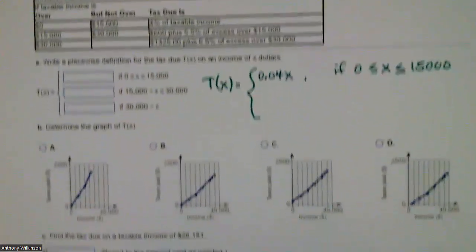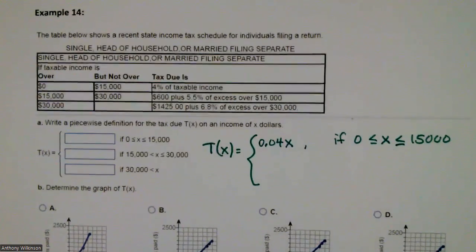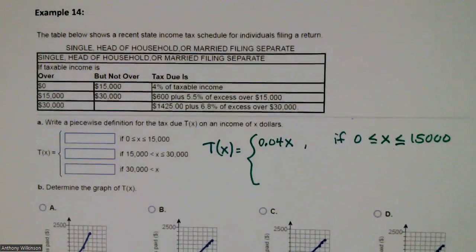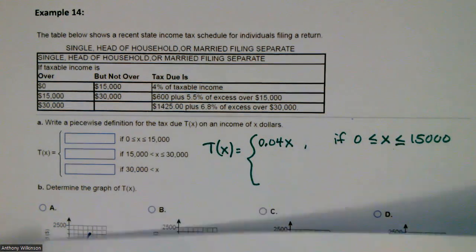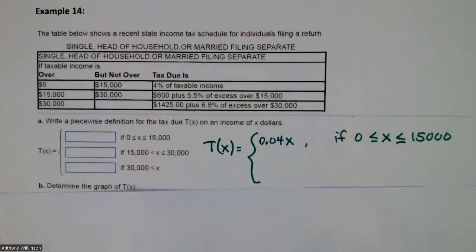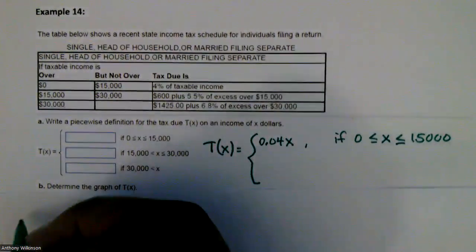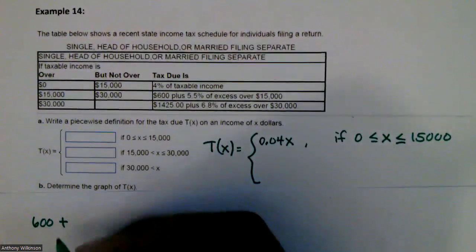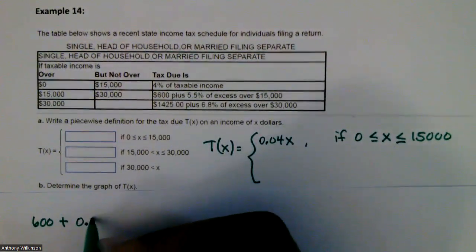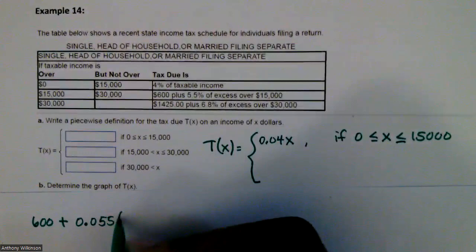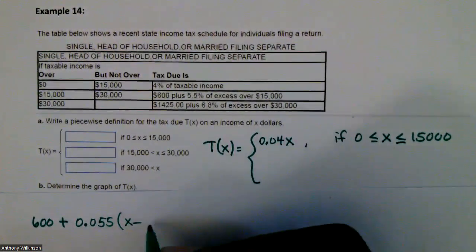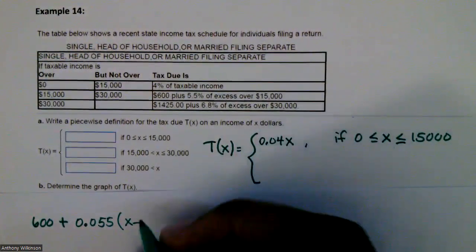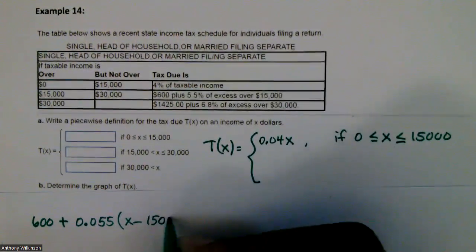Now we're going to have to do a little bit of algebra at the bottom, so I'm going to use a separate sheet of paper. That's going to be 600 plus 5.5% as a decimal, which is 0.055, times x minus the amount over $15,000, so x minus 15,000.